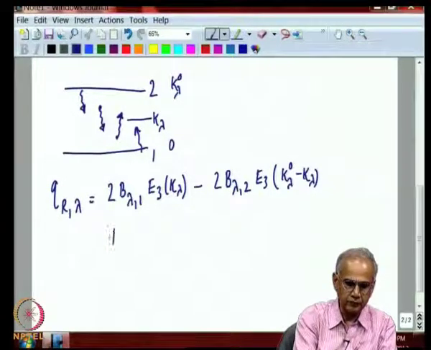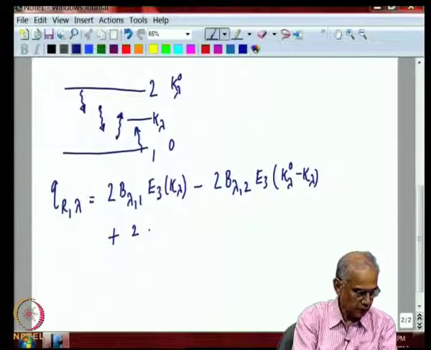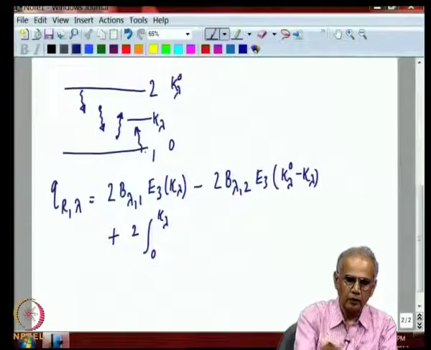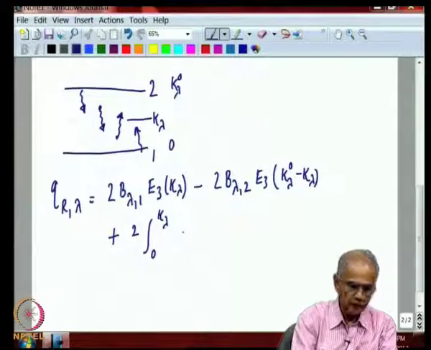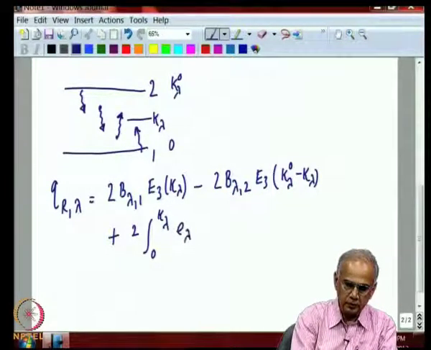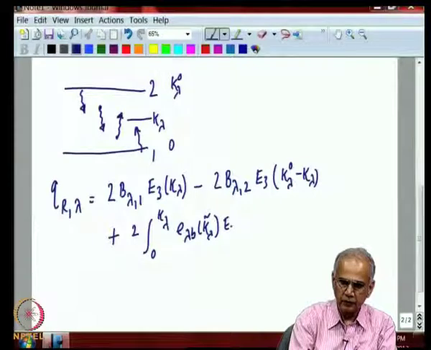The first is from the upward one, it's equal to 0 to from here to here, all the upward emission, and it involves the black body emissive power of the gas times a function which represents angular integration.